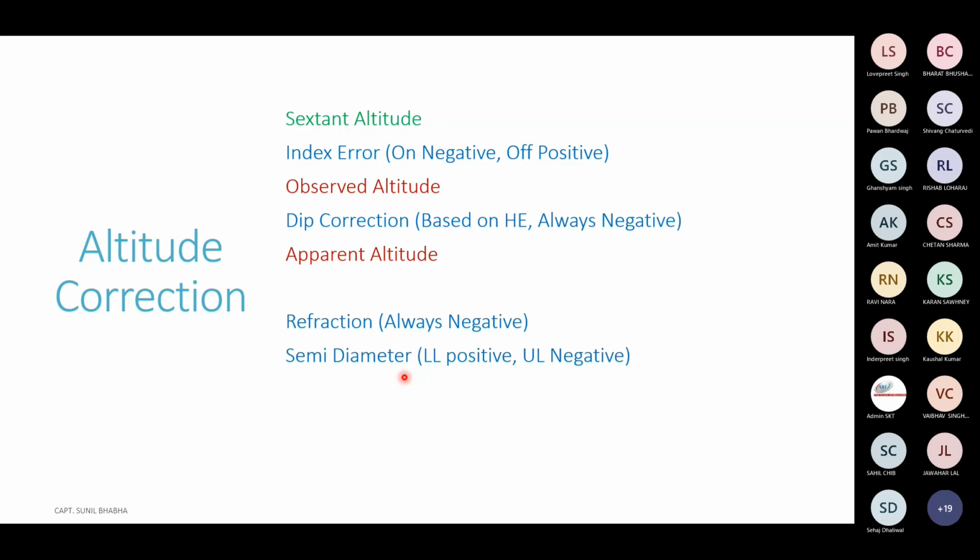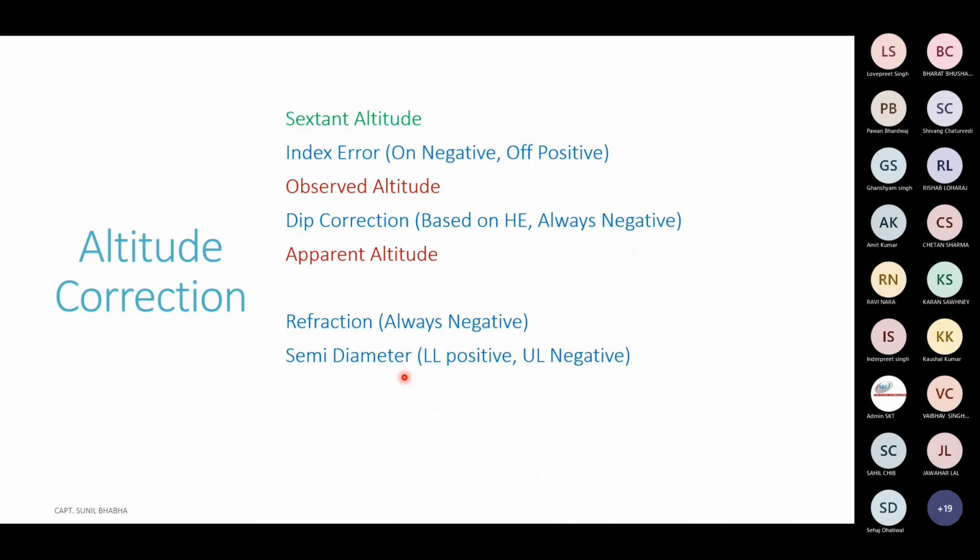But that is not the case with the sun and the moon. Sun and moon do not appear as point objects. In fact, they appear as disks. So now the center of the disk is not visible to us. It would be very good if there were a dot in the center of the sun and moon and we could directly measure the altitude up to that center, but that's not the case. So we are not able to identify the center of the sun and moon using our eye.